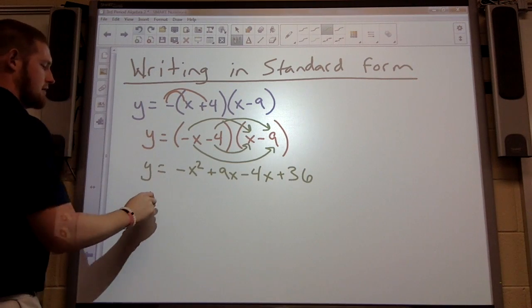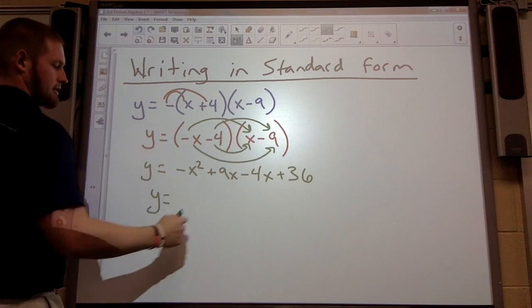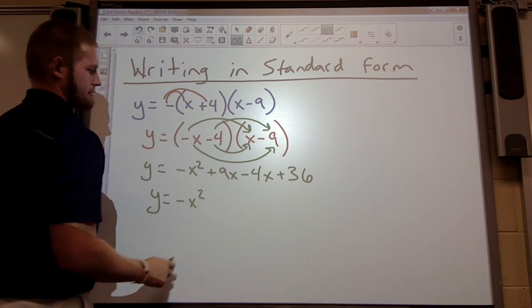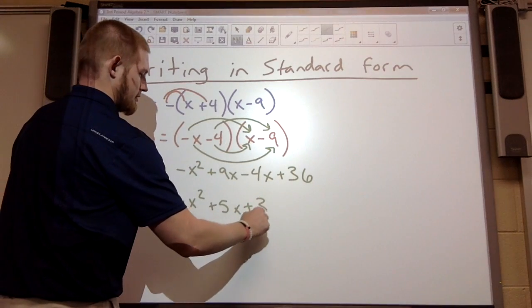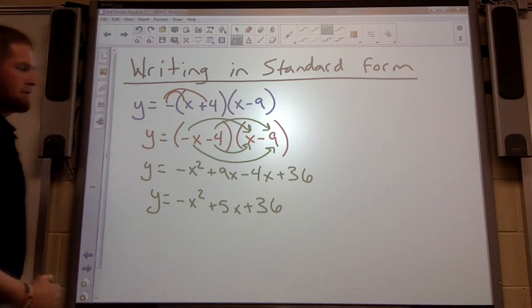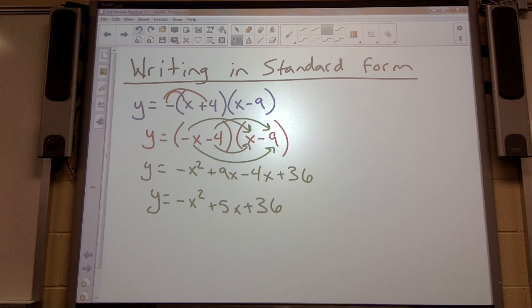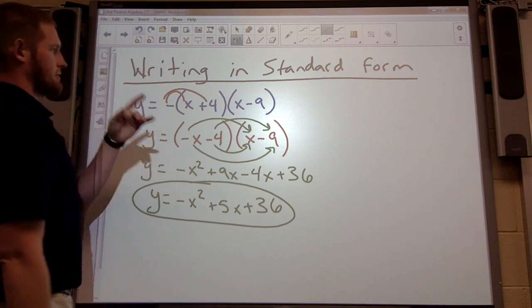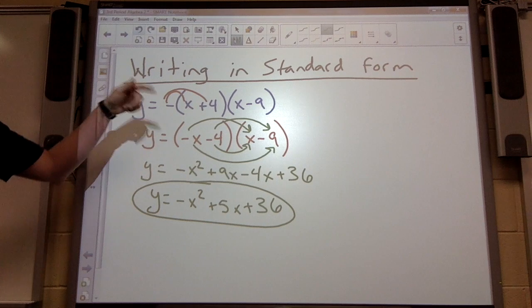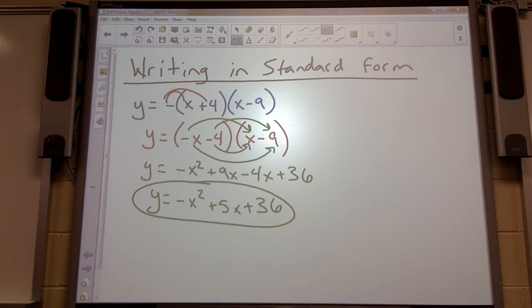Y still equals that. Now y equals, combine your like terms, negative x squared plus 5x plus 36. Writing in standard form. It is now in standard form. All I did is I took something that was not in standard form, I multiplied through to get it into standard form.